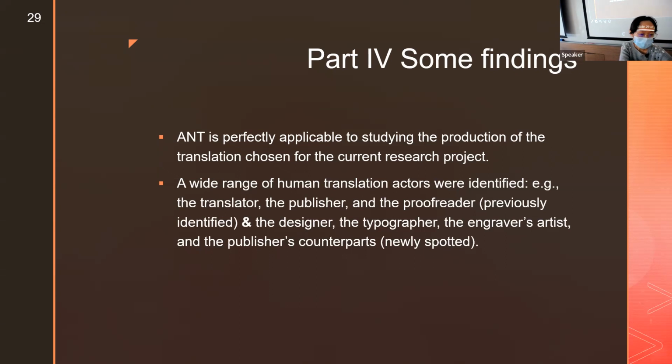But they had been proven to act actively and had a substantial influence on the production of monkey, such as the designer, the typographer, the engravers, artists, and publishers' counterparts.